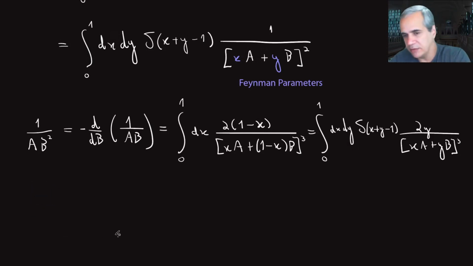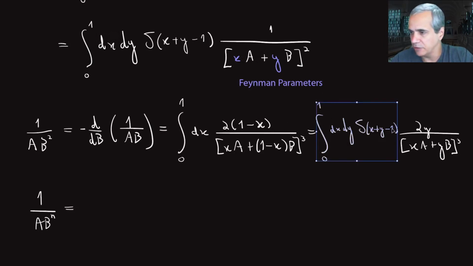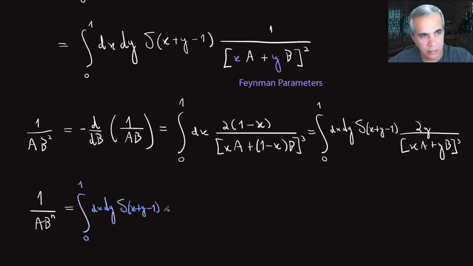So you can write, just by doing that again and again, you can write the general thing, which is 1 over AB^n, as an integral in this version right here of n y^(n-1), because you're always exchanging this power to be equal to this one, and the same denominator that increases again and again in power up to n plus 1.